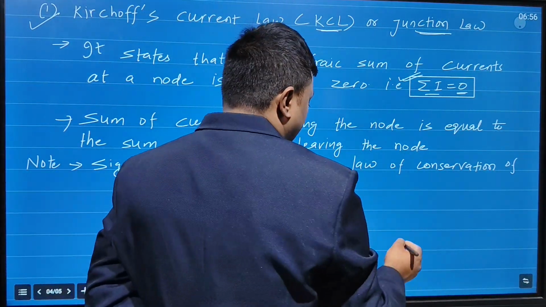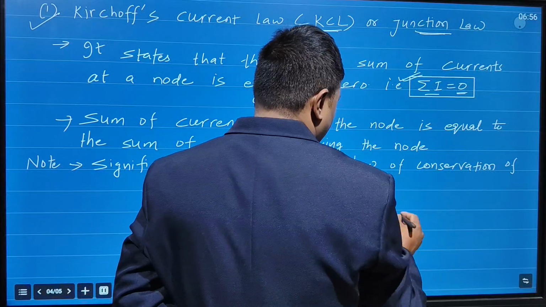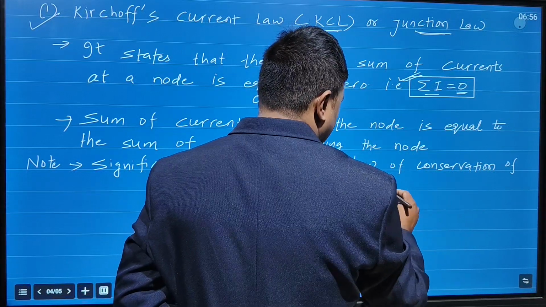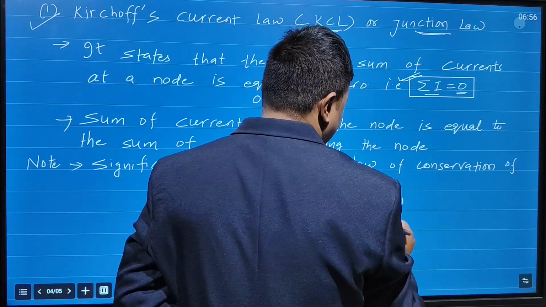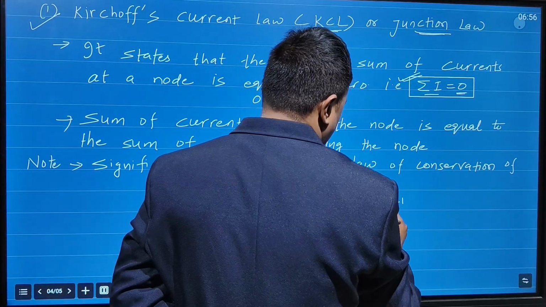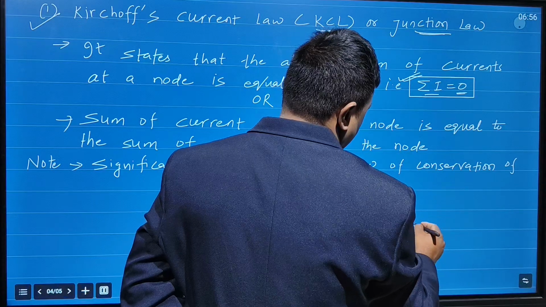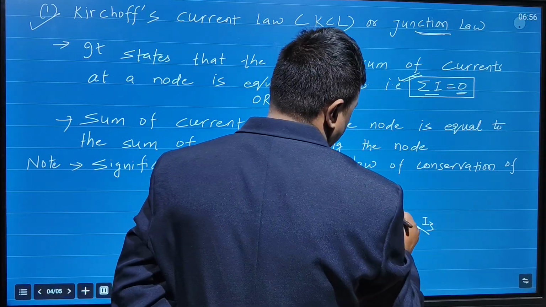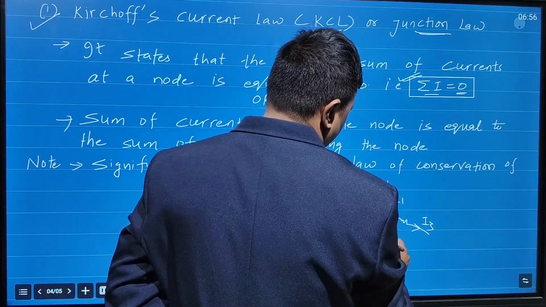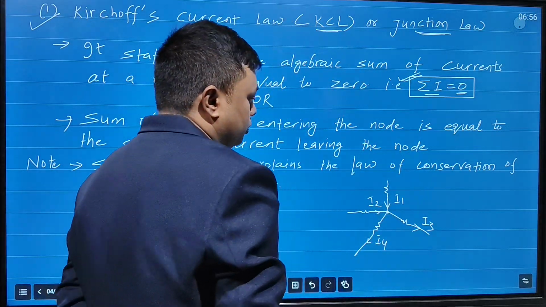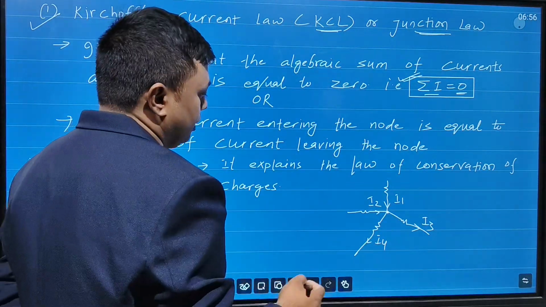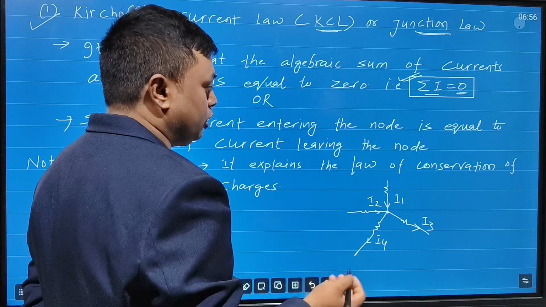So we can see this. Let's take a node. Here I1 current is entering, I2 current is entering, I3 current is leaving, I4 current is leaving. So what is this law? The sum of all the currents is equal to 0.